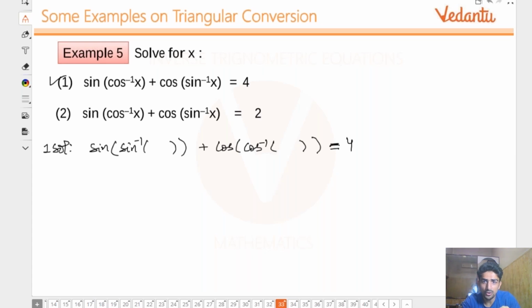Chitransh, it was not pi by 2 minus, it was pi minus. You are writing it wrongly, that is why you are getting complication. Cot inverse x was pi minus, sorry, not pi minus. Formula गलत लिख रहे हो कुमावत.